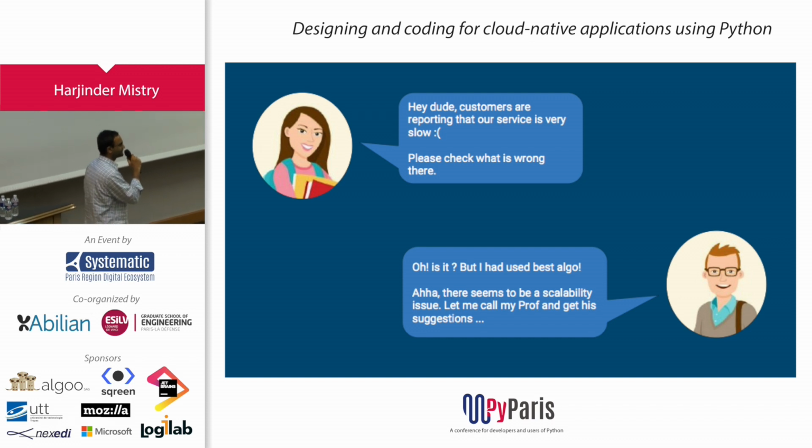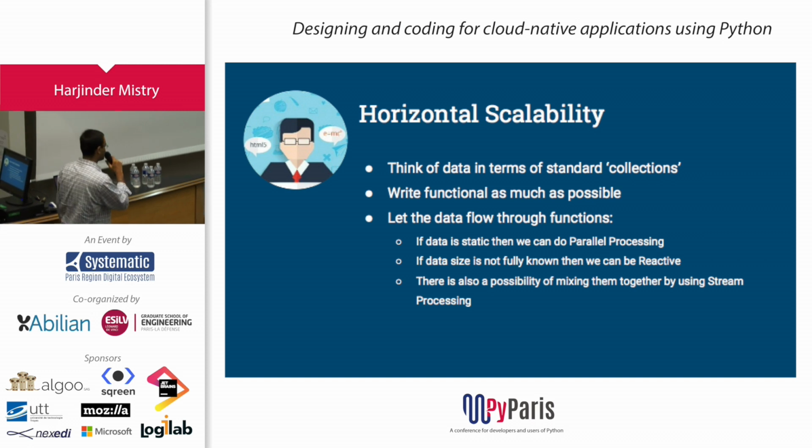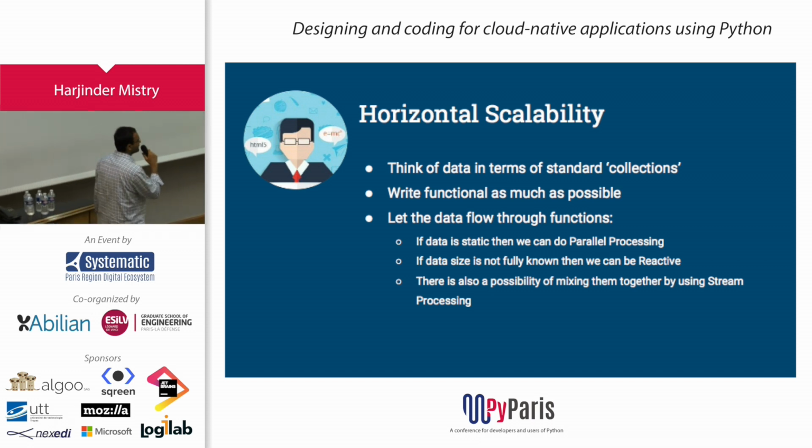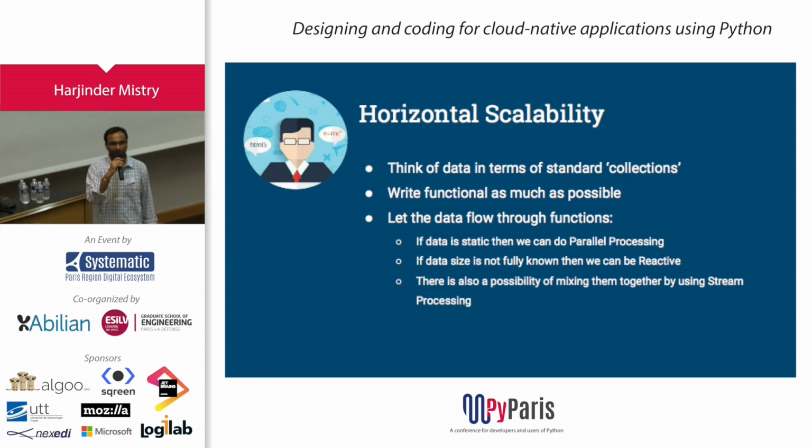But then he realizes it might be related to some scalability issue. So he calls his professor and discusses this idea. The professor suggests that this looks to be a scalability issue. He suggests how to tackle this kind of scenarios.